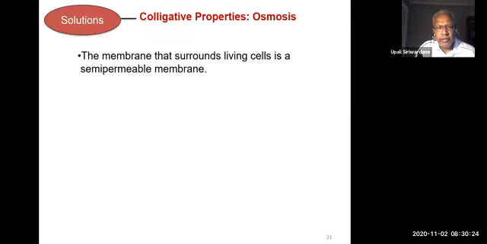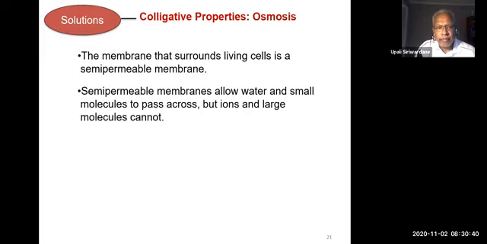Osmosis. The cell membranes in cells are called semi-permeable membranes. They isolate the cell from the surroundings. A semi-permeable membrane allows water and small molecules to pass through, but ions and large molecules cannot.